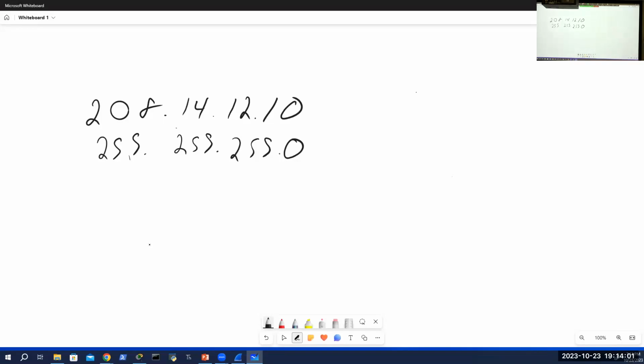That doesn't mean that every address that is 208.14.12 dot something is going to necessarily use that /24 or 255.255.255.0 subnet mask. So the next reasonable thing to assume, since I didn't tell you any other information, was to use the default, which means you have to know what class of address it is.